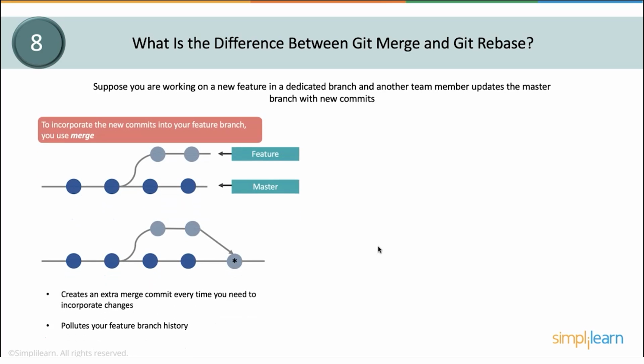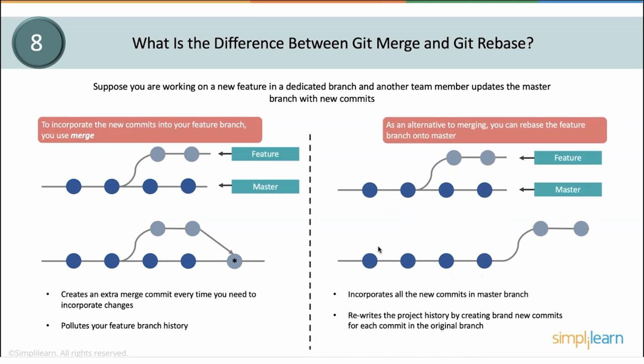To incorporate the new commits into your feature branch, you have already started one job and your team members have started a job in a parallel branch, and you want to merge both features together. You would create an extra merge commit every time you need to incorporate changes, which pollutes your feature branch history.